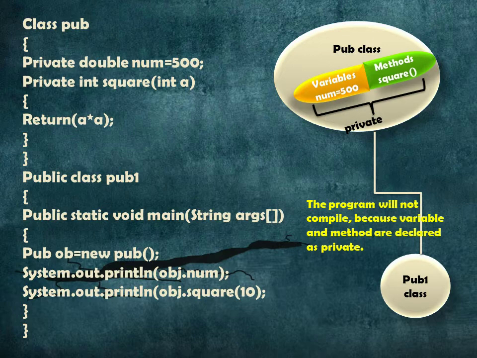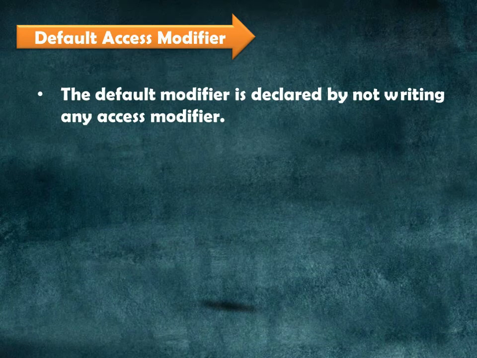Why? Because the variable num and the square method have private access in the class pub, and they cannot be accessed from the pub1 class.